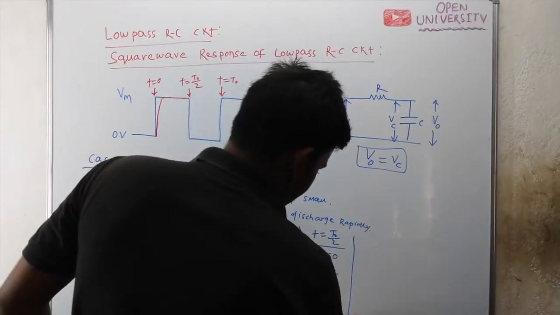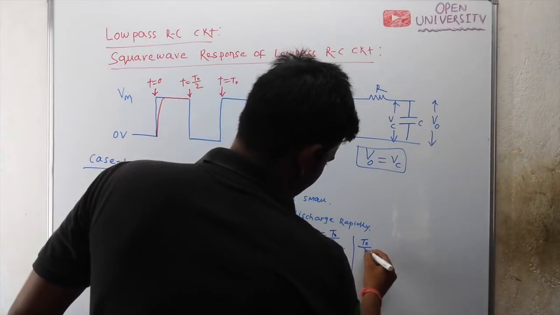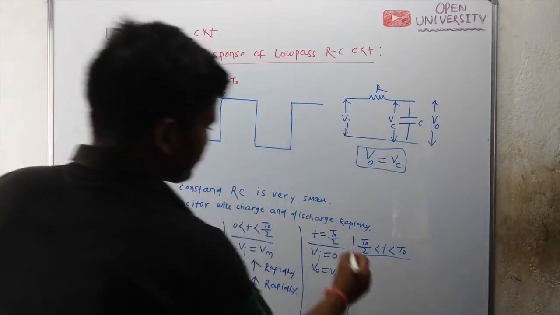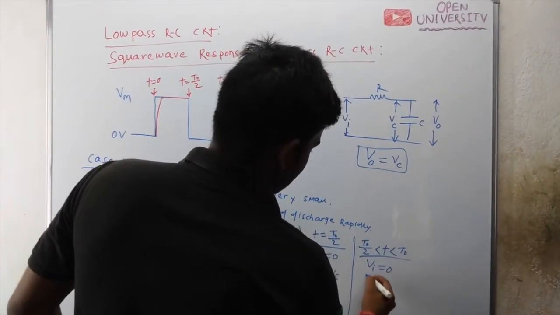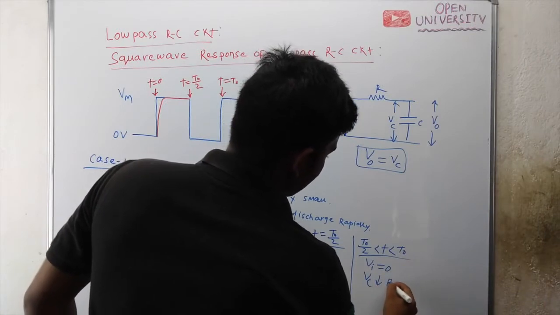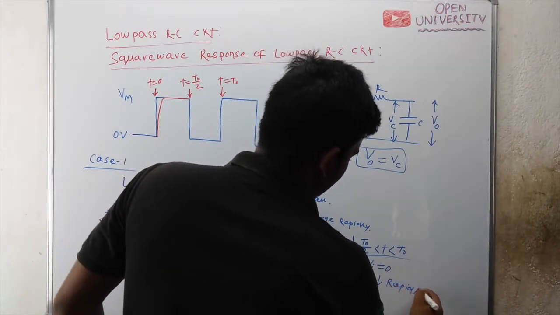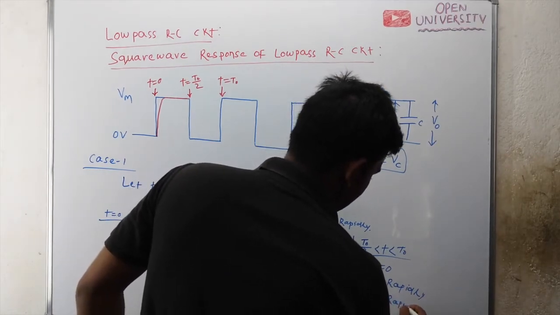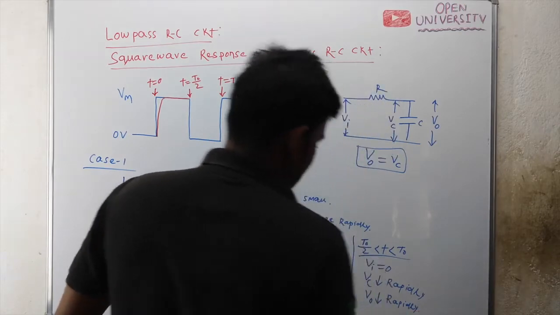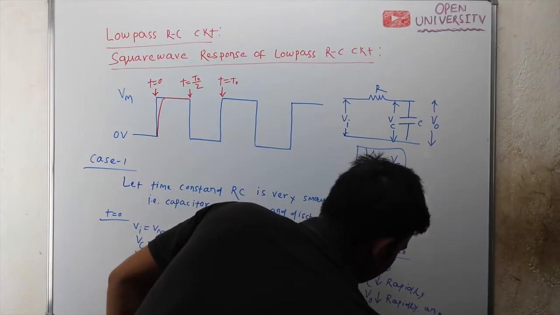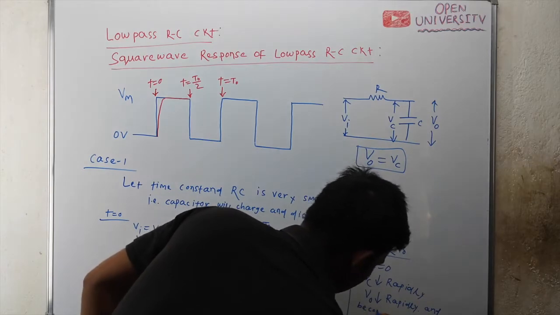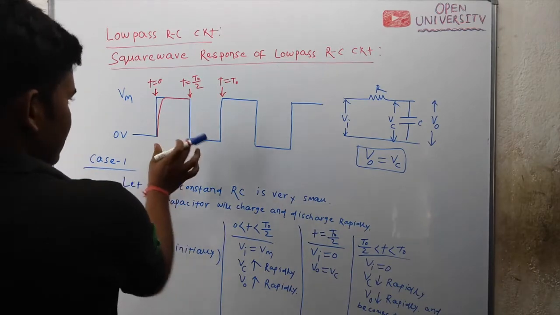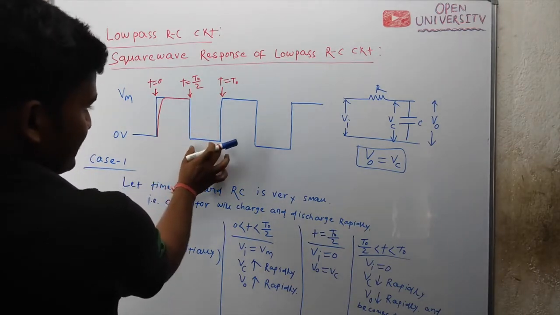Now, when t is in between t naught by 2 to t naught, in this interval, input voltage is 0. So capacitor will discharge rapidly. So voltage across capacitor will decrease very rapidly. So I can say output voltage also decreases rapidly and becomes 0, because charging time period and discharging time period is same.